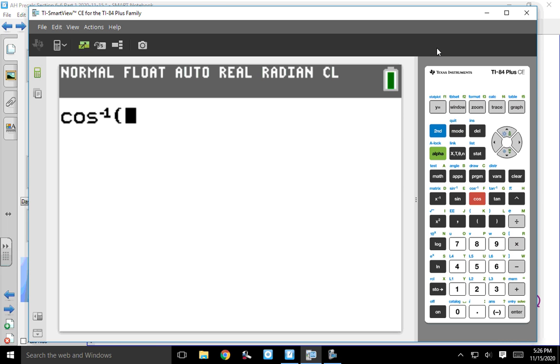of negative 4/7. Oops, sorry, I'm missing the first part of this here. It's 4 plus 13 over 2 pi. And the 2 pi does need to be in parentheses, otherwise you're going to divide by 2 and then multiply by pi, and that's not going to be correct. And then cosine inverse of negative 4/7.